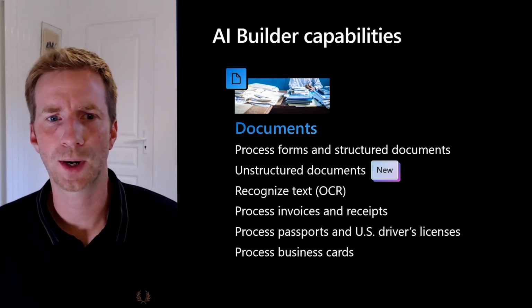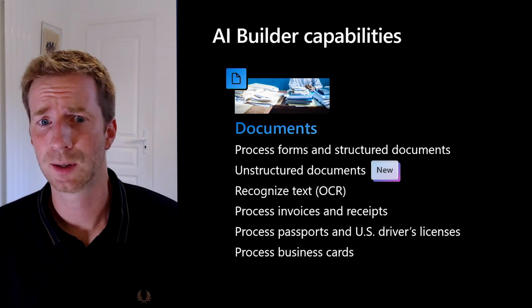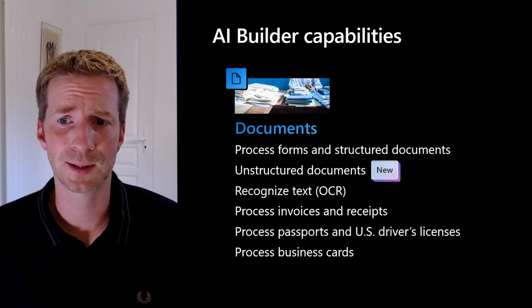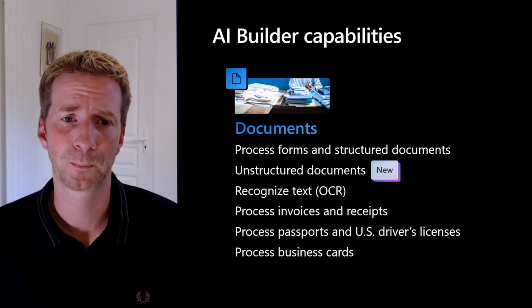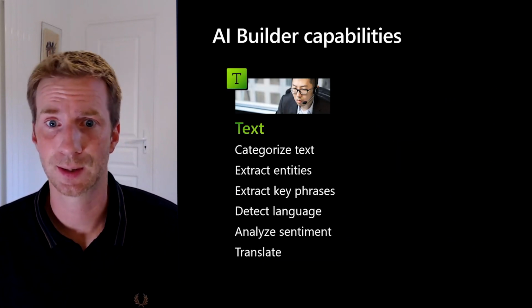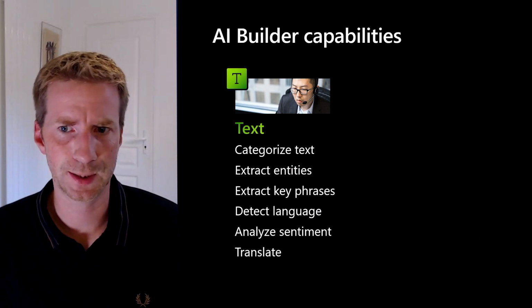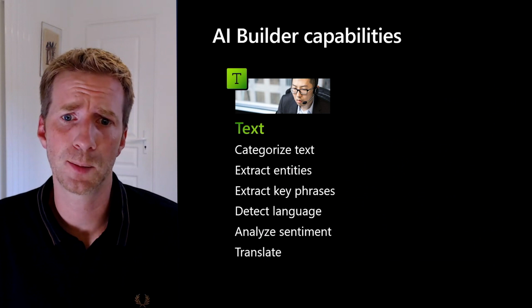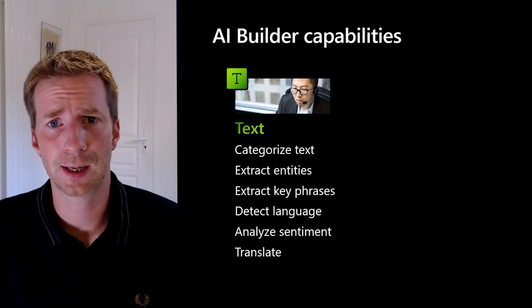AI Builder can also recognize text from pictures of documents, can process invoices and receipts, as well as passports, driver's licenses, and business cards. AI Builder can also process text in files or emails to understand sentiment, to categorize text for case routing, to extract key talking points, or to translate and detect language.